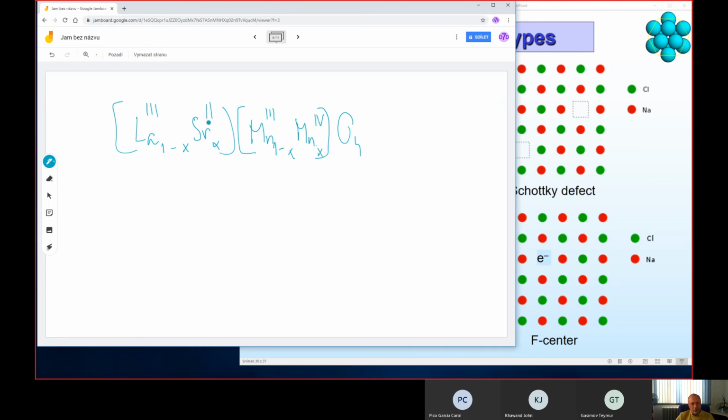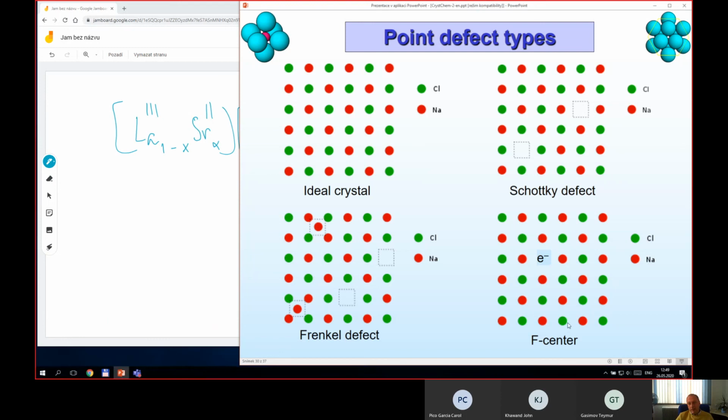So this lower valency of strontium as a substitution defect is compensated by an increase of valency of manganese on the small cation side. So this is one type of compensation.